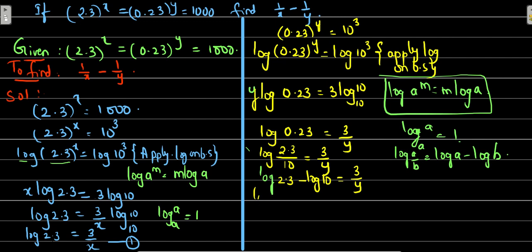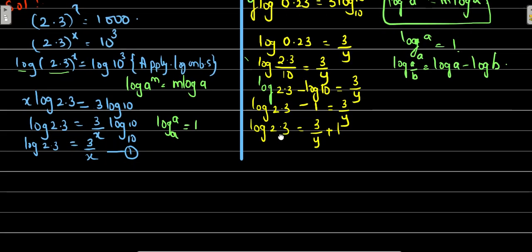But log 10 value is 1 because it is base 10. So, it is 1, is 3 by y. So, log 2.3 is equal to 3 by y plus 1, minus 1 when transposed will become plus 1.